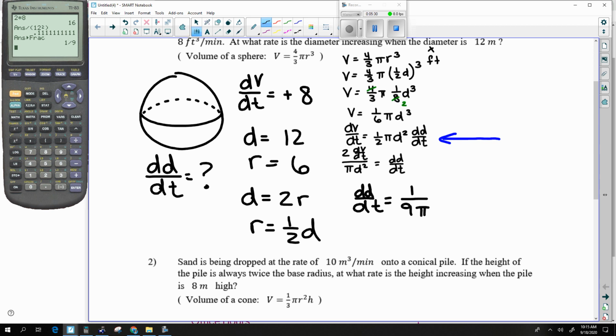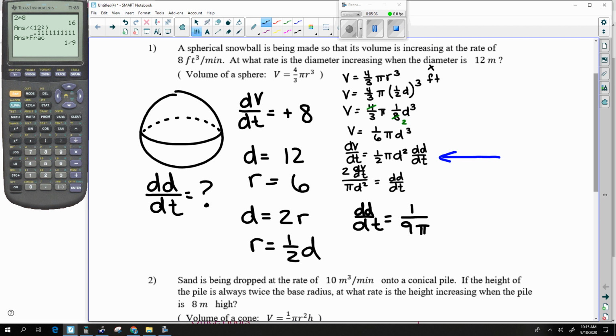I didn't involve the pi. And this is a diameter, so this is feet per time, which is minutes. Okay. Just to also give you a heads up, this would be equivalent to 0.0354.